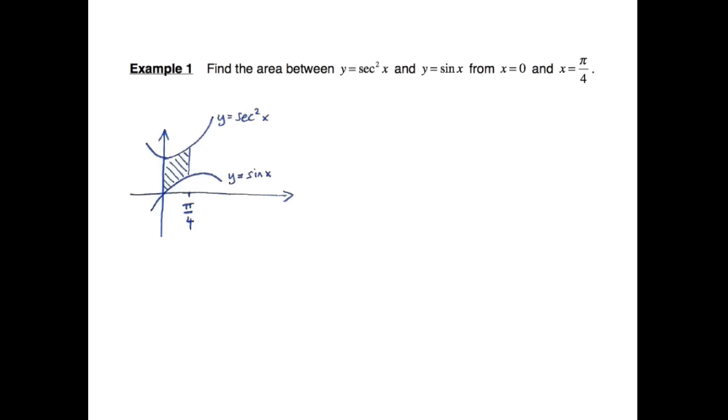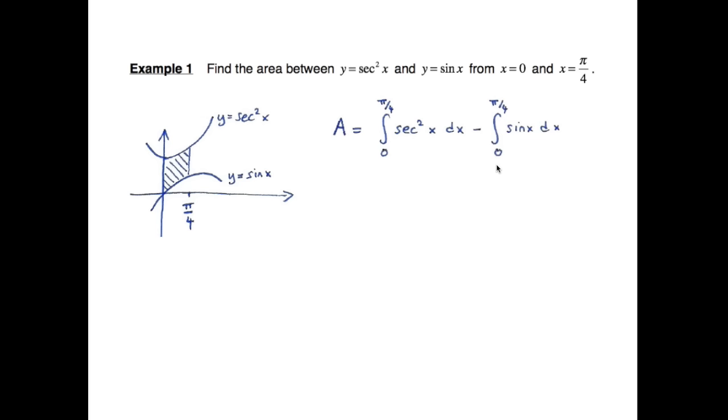So back to this exercise. The integral from 0 to pi over 4 of secant squared x, which is the top function, is here, and we're going to subtract the integral from 0 to pi over 4 of sine x.